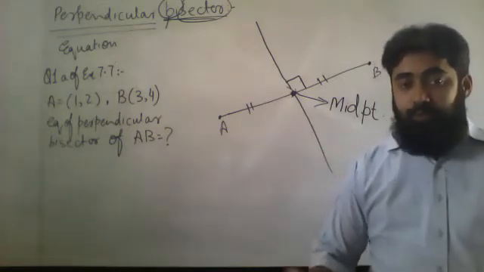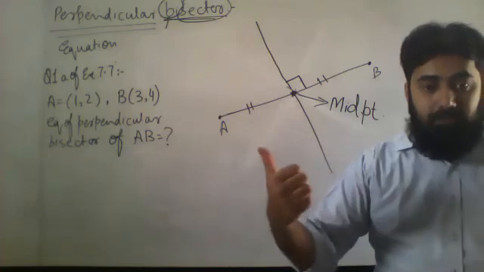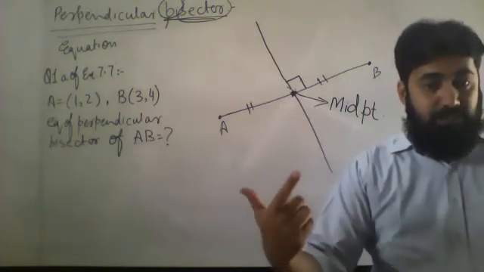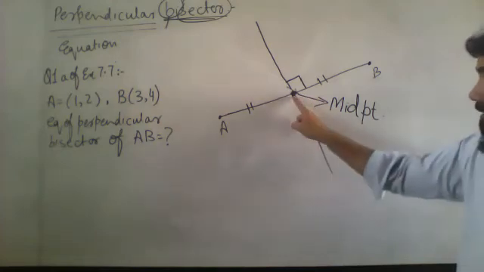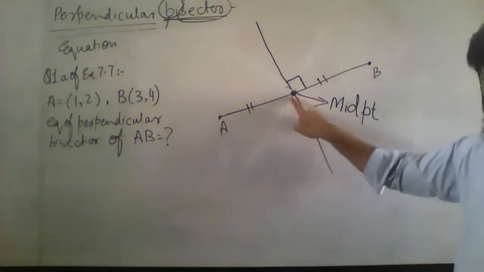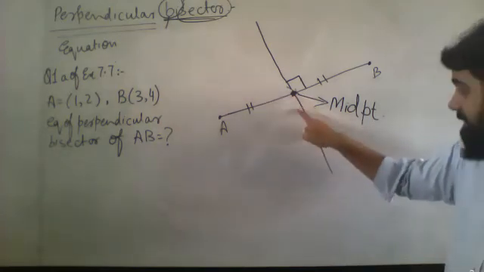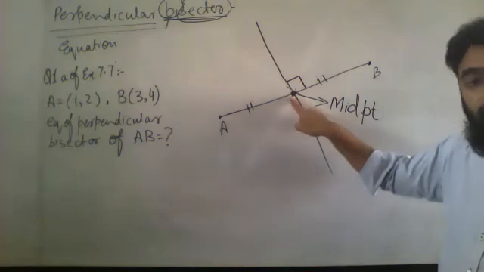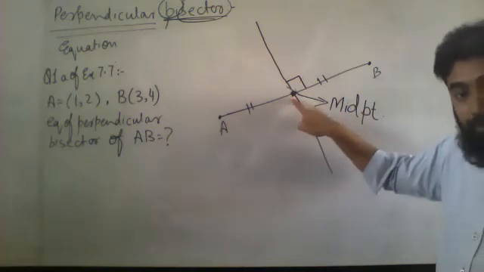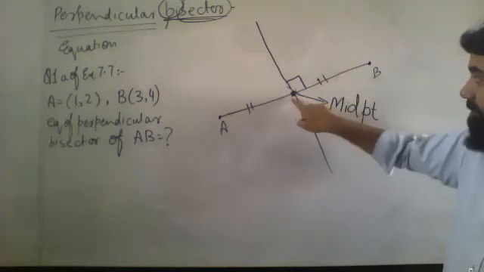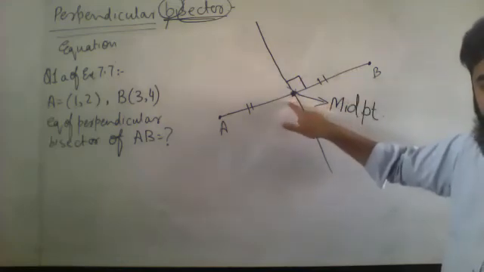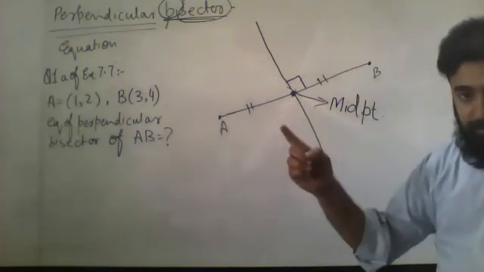The scenario which I am going to use is a gradient and a point from which the line is passing. As it's a perpendicular bisector, this line passes through the midpoint. So if I can find the midpoint of AB, I will have the coordinates of this point. First step.